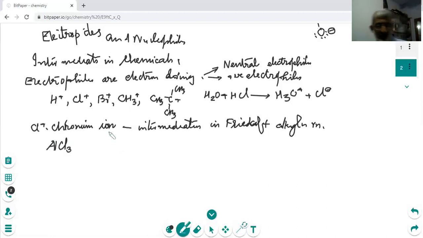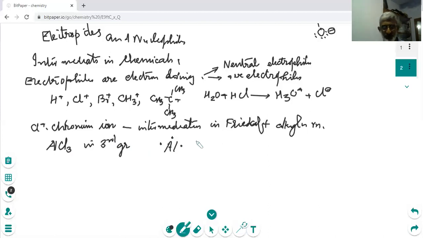AlCl3. Aluminum belongs to which group in the periodic table? Sodium, then magnesium, then comes aluminum. So it is in group 3. That means it has 3 valence electrons.